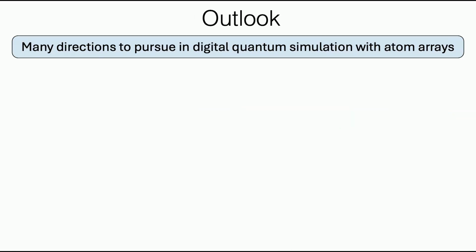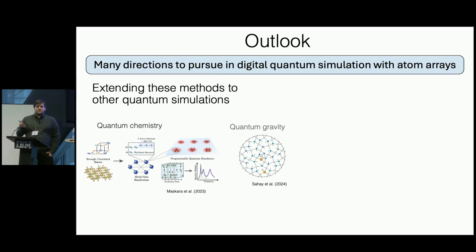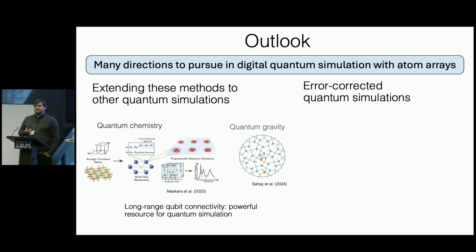And I think there are many interesting outlooks to consider. For example, extending these gate-based quantum simulations to other types of models, for example in quantum chemistry, where I think this long-range qubit connectivity could be quite a powerful resource for these near-term quantum simulations.